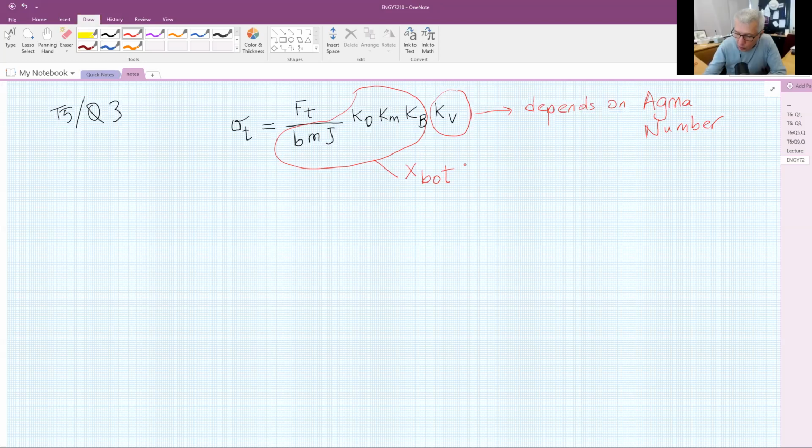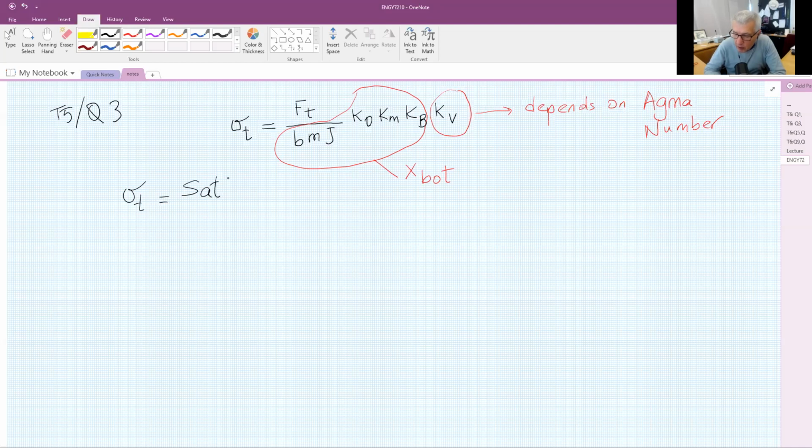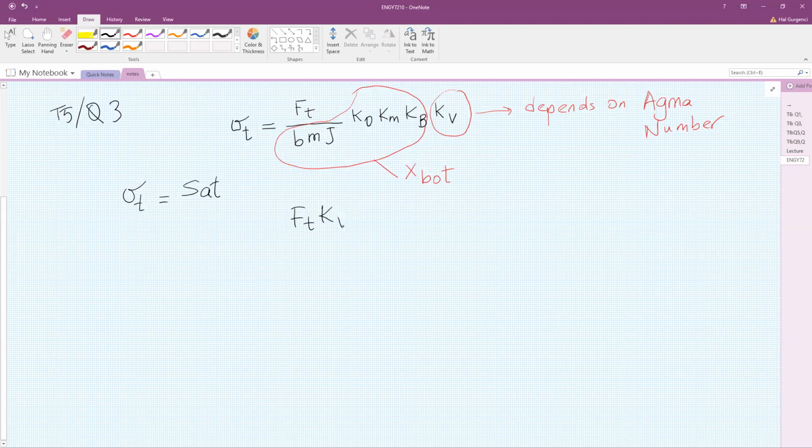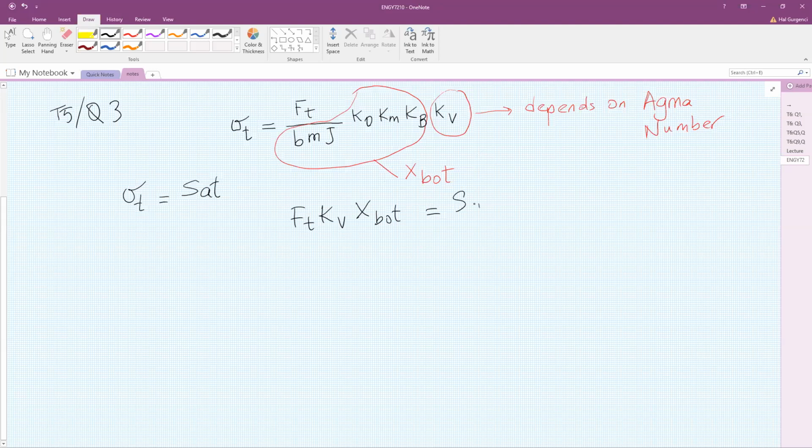So safe operation means sigma t is equal to SAT. That's also constant. SAT doesn't change either, because SAT doesn't depend on the AGMA number. So then you have FT times KV times a whole bunch of things is equal to SAT.